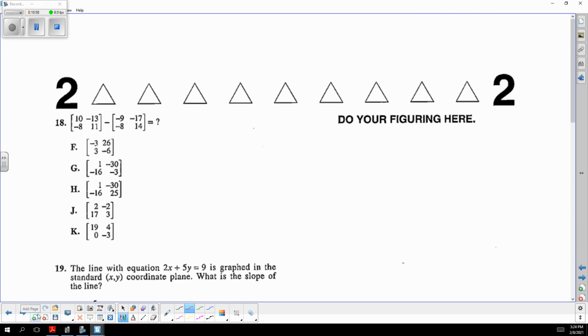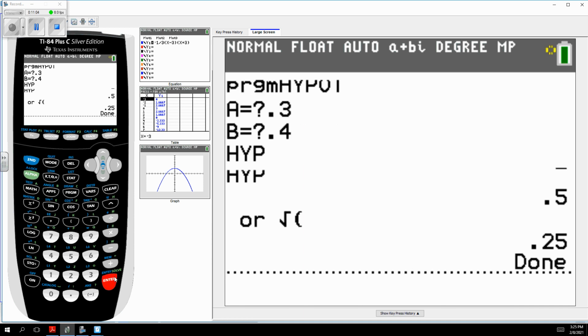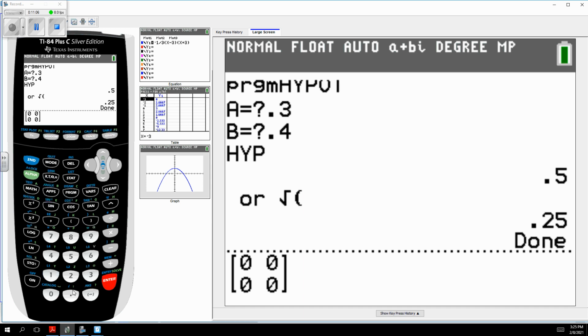Oh, isn't this lovely? It's the matrix program, alpha F3. I'm always set to a 2 by 2. So I go 10, negative 13, and then negative 8 and 11 for my first one.